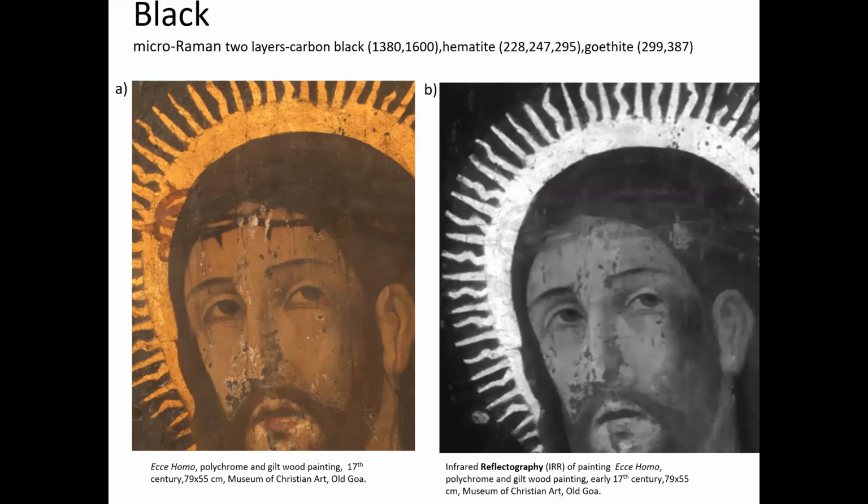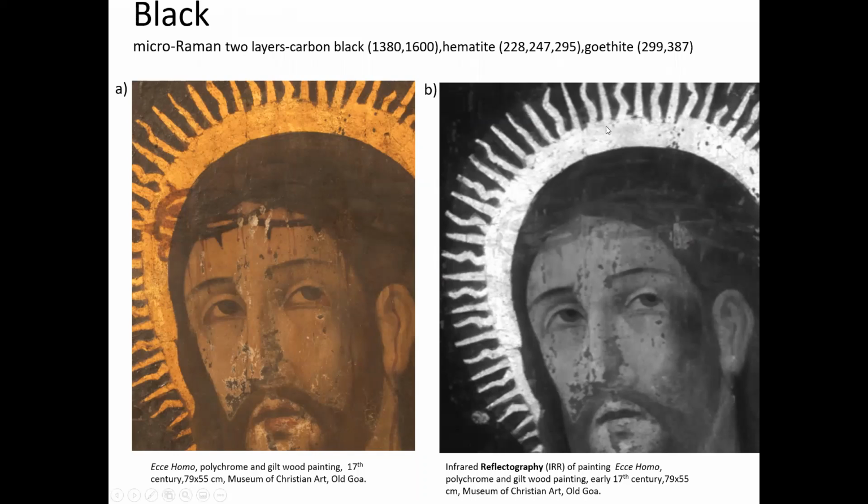And for the black color, we could see that this black was mainly composed of hematite and goethite, those iron-based pigments that constituted both layers.